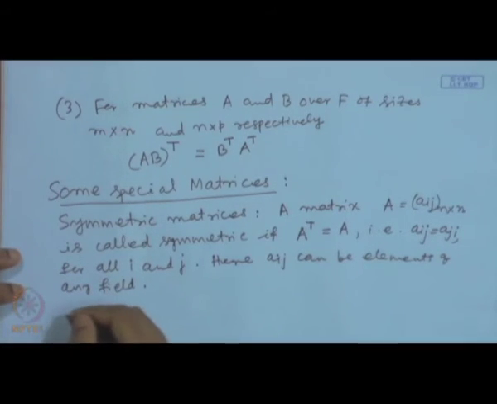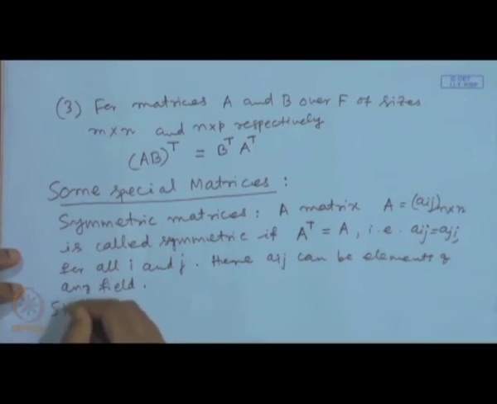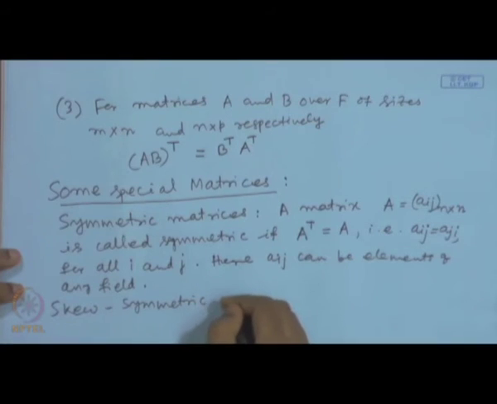Then we say that a matrix A is skew symmetric.